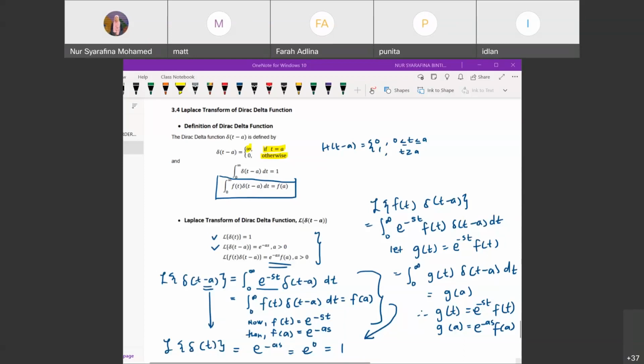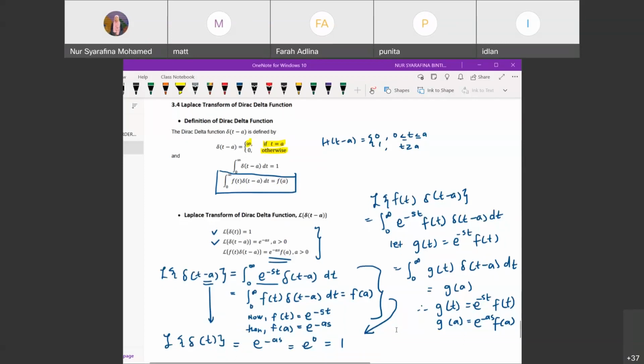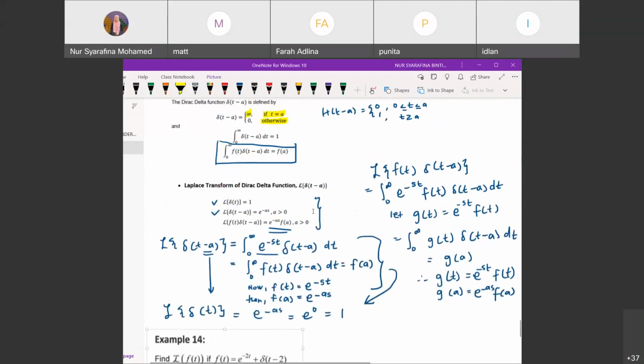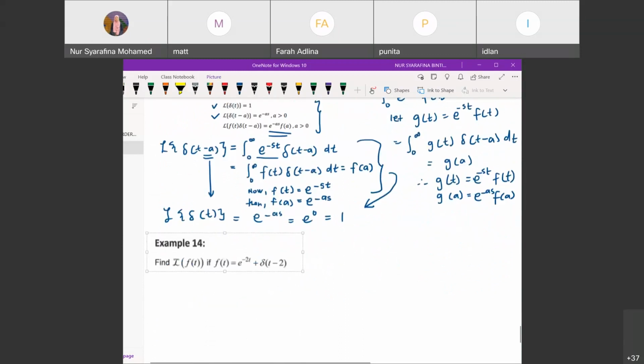Okay, so let's try an example. Let's try our example. Okay, you want to try?